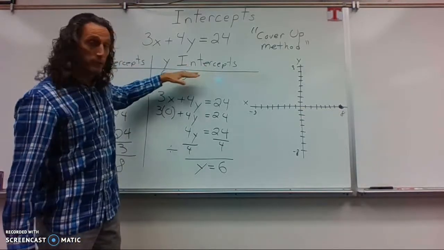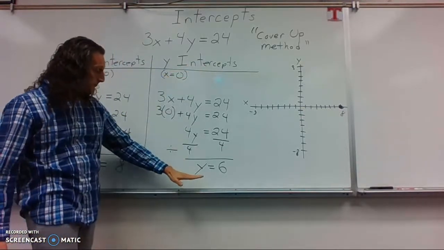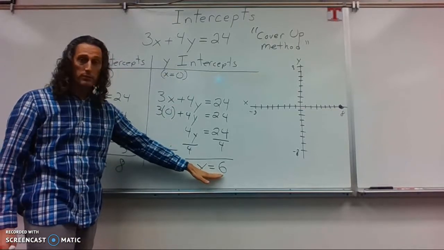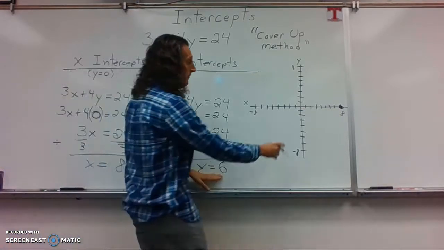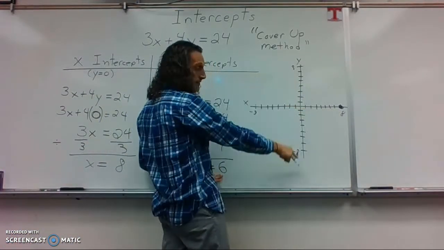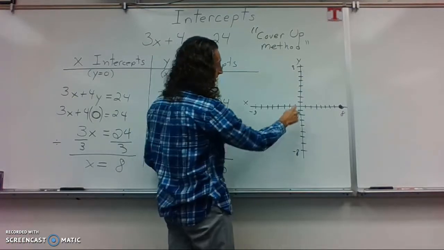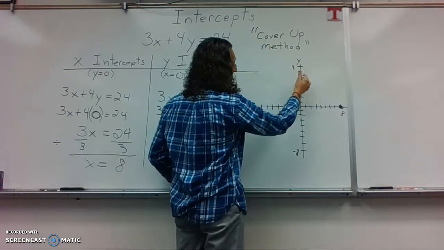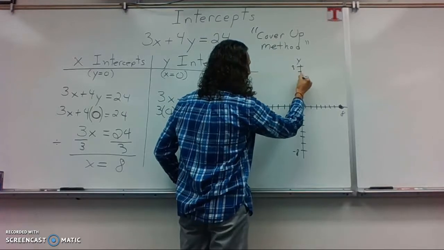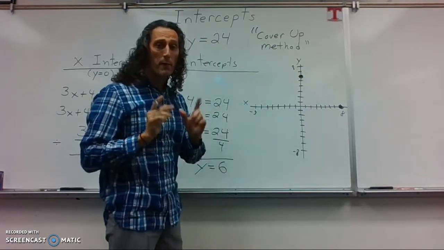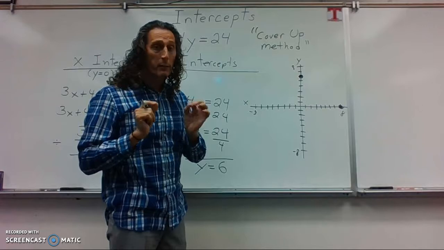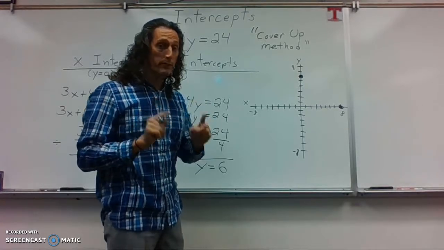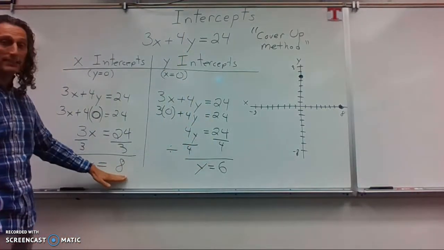Over at my y-intercepts, I do the same thing. I go y equals 6. So I come over to my y-axis, and I find 6. 1, 2, 3, 4, 5, 6. And I put a dot there. Now, remember, every time you make a point, though, there's actually 2 numbers. I know right here on the x-intercept, it looks like it just says 8.